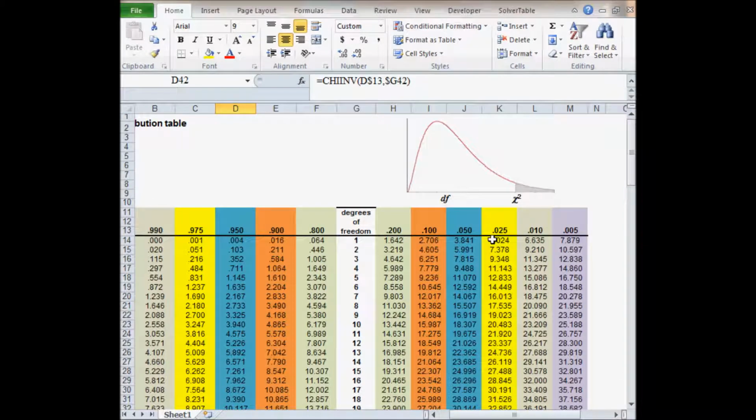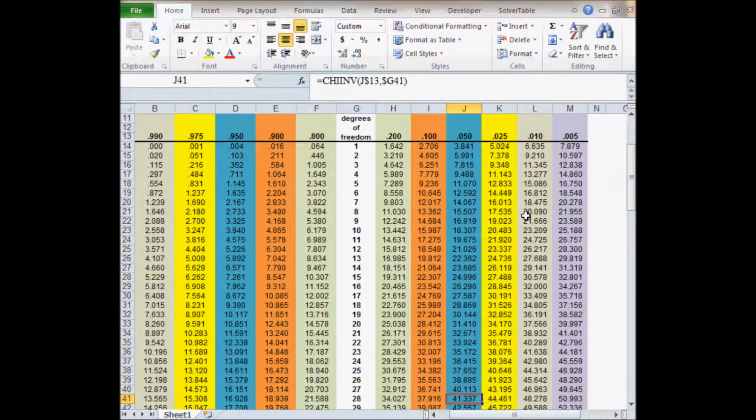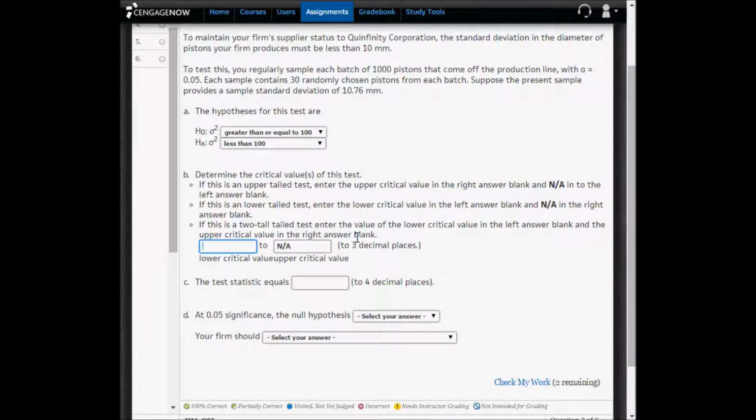We start at 0.05, the significance level. We go down until we get to row 29. We had 30 observations in our data. 30 minus 1 is 29. 42.557 is the upper critical value. 17.708 is the lower critical value. We paste that lower critical value into CengageNOW.